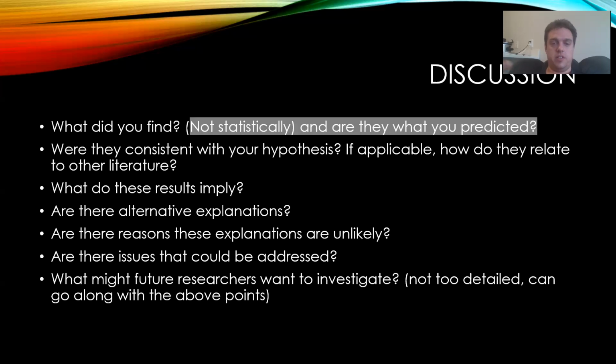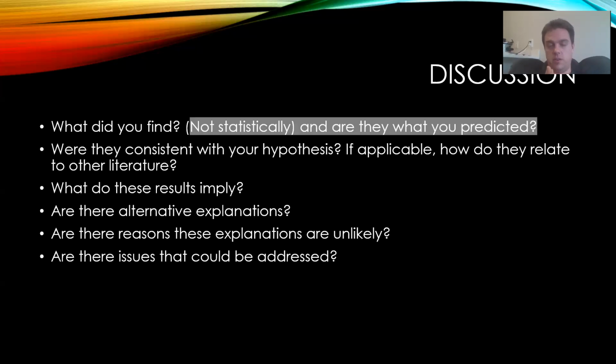Then, are there issues and limitations that are also present? When we talk about limitations and issues, we're not talking about possible confounds or possible reasons why we didn't have an effect, but about limits on how applicable this might be. For example, say you ran a study on testing and you only looked at really simple word learning.